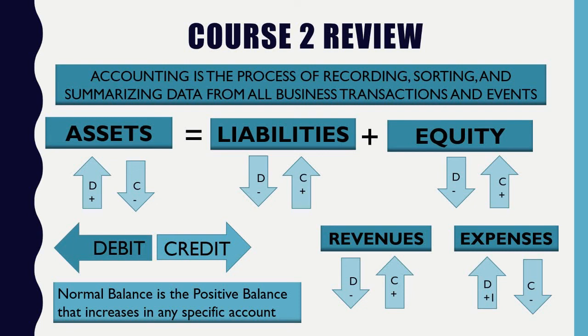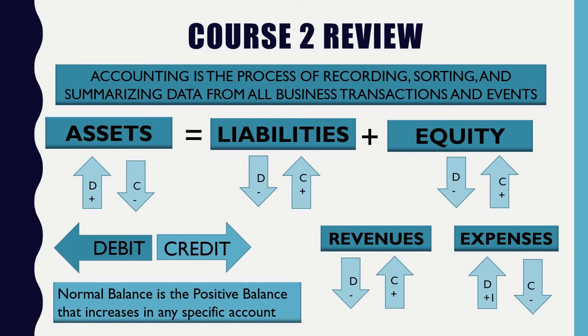You also need to know that there are 5 account types: your assets, liabilities, equity, revenues, and expenses. You need to know that your debits are left and your credits are right. And also understand what the normal balance means. It's the positive balance in any specific account. So the positive balance is going to be which side it increases on.